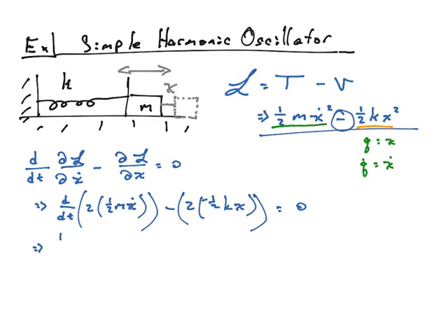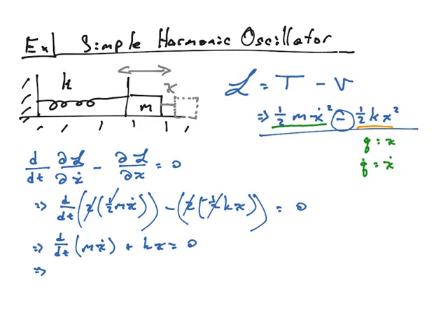Let's simplify. I've got the time derivative of the 2 cancels the 1/2, and I have m x dot. And then I have a minus minus is plus. The 2 cancels the 1/2, and I get a k x equals 0. Now, I'm going to assume that the mass in this problem does not change with time. It's just a block.